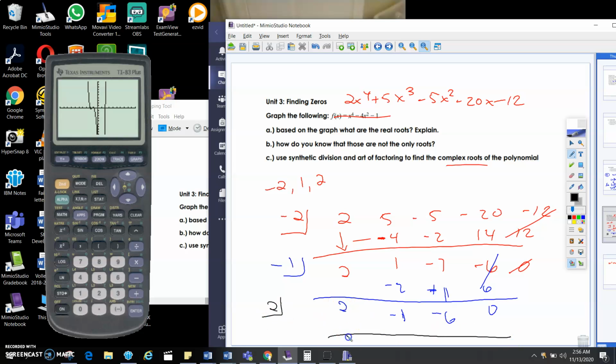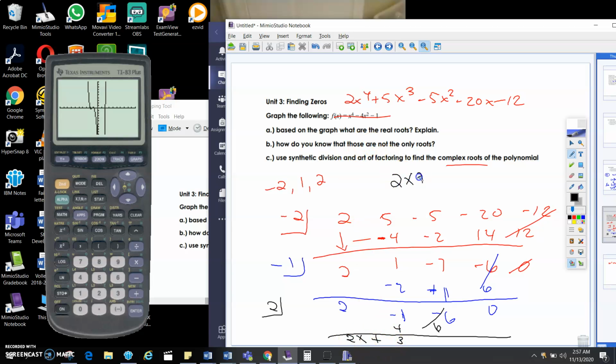So we're going to bring down 2, multiply, add, multiply, add. So then we're going to have this 2x plus 3 left over. Okay, so that's also going to be a root. Okay, so we don't have a complex solution at the end, we actually have a real root.